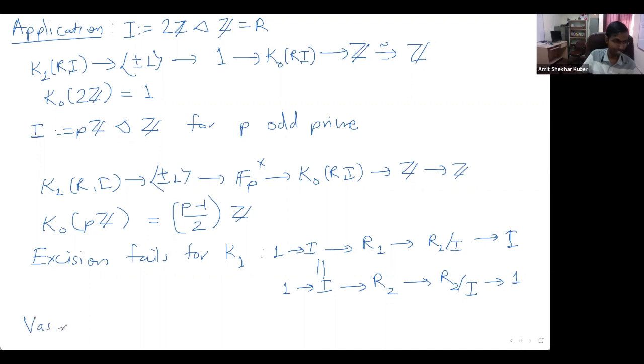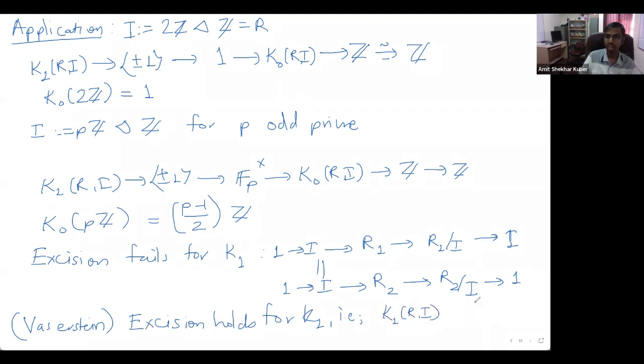However, Vaserstein showed that excision holds for K1, i.e. K1 of R, I doesn't depend on R if and only if I is equal to I squared as an ideal.